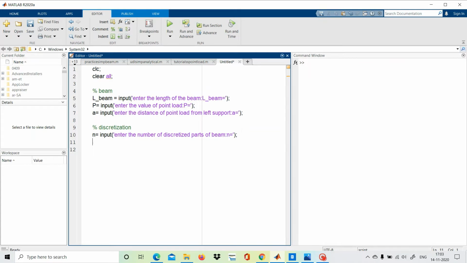We will denote it with delta L, which is nothing but the length of the beam divided by the number of discretized parts n.